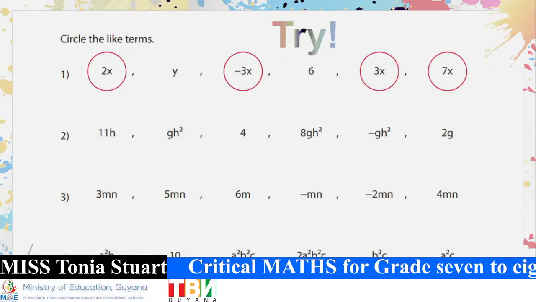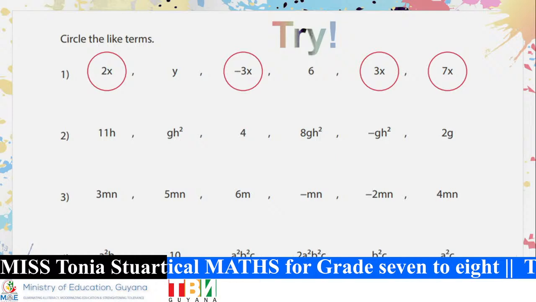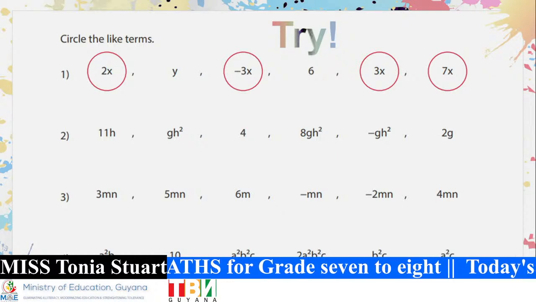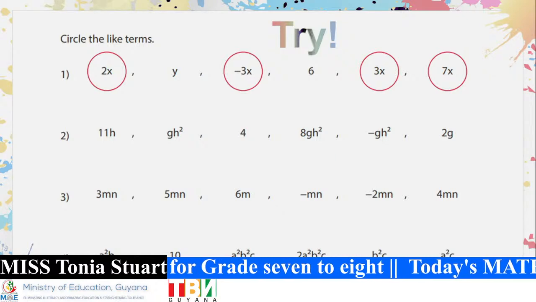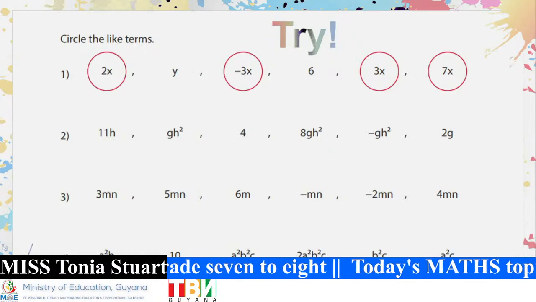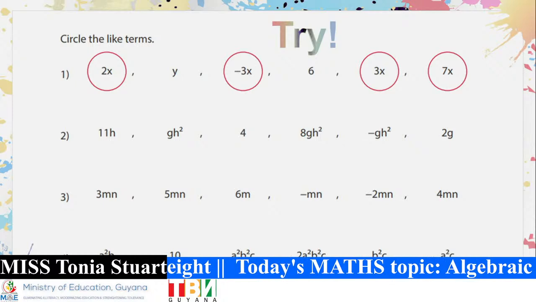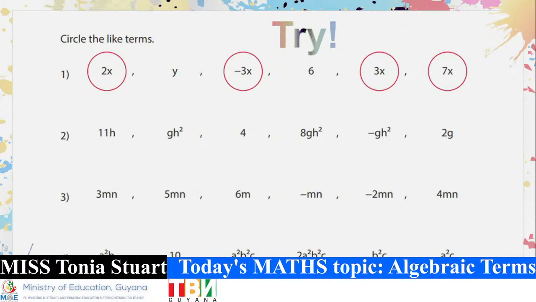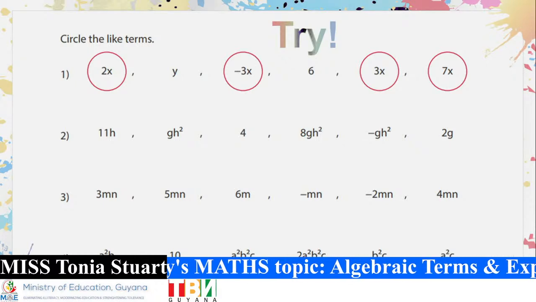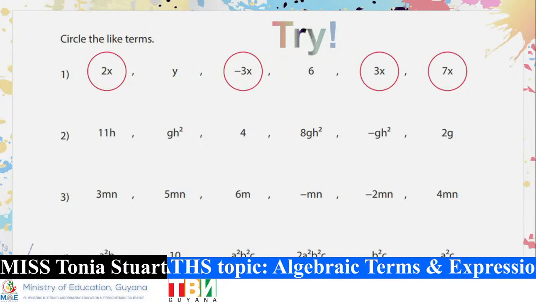Right? Let's look at number 3. We have 3MN, 5MN, 6M, negative MN, negative 2MN, and 4MN.